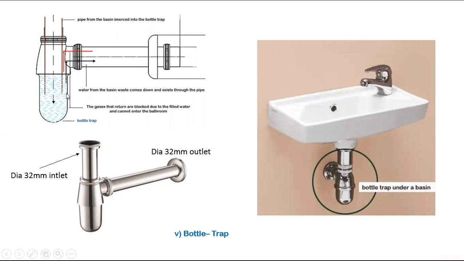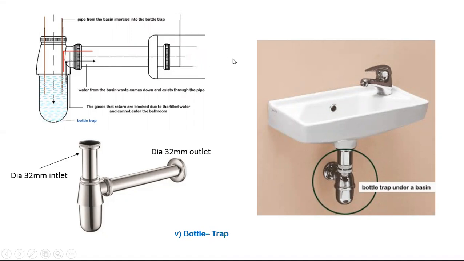From the U-shaped tank, this telescopic arrangement of pipe will be put into the bottle trap. Because of the telescopic arrangement, the water will come into the bottle trap and turn upwards and go into the outlet.